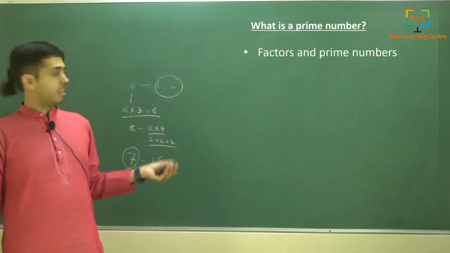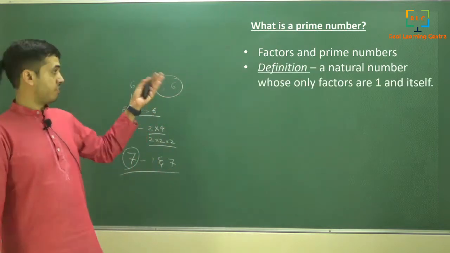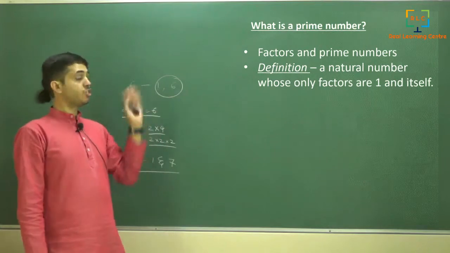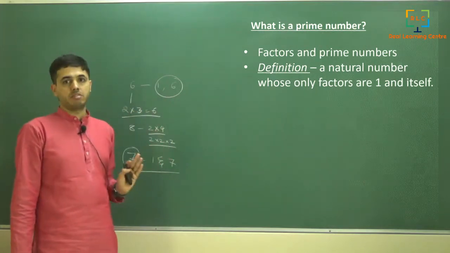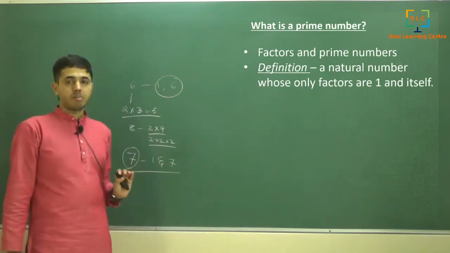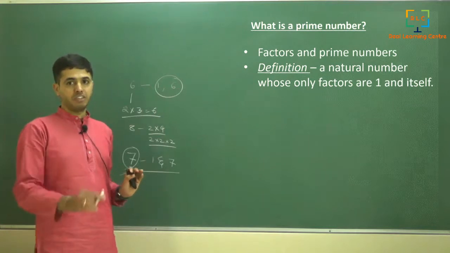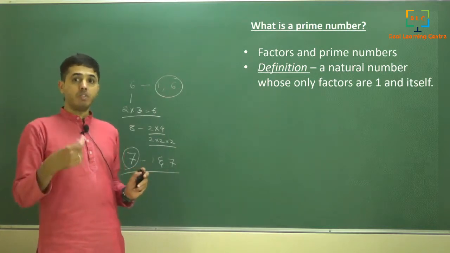So the definition of a prime number is a natural number whose only factors are 1 and itself, no other factors. All such numbers we call prime numbers, and by definition 1 is not a prime number nor a composite number.